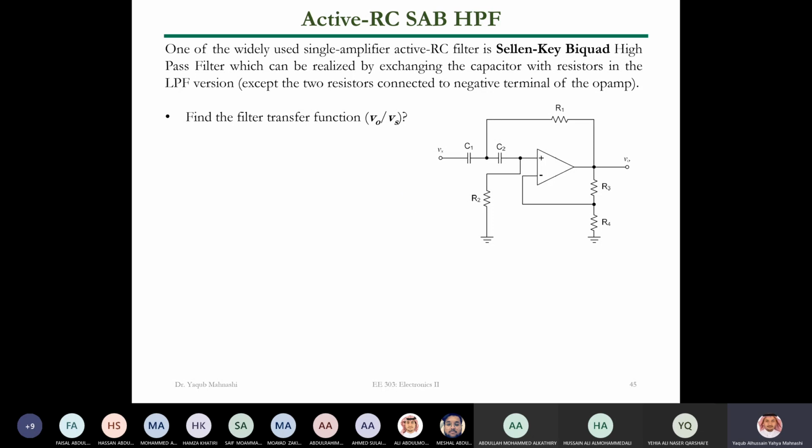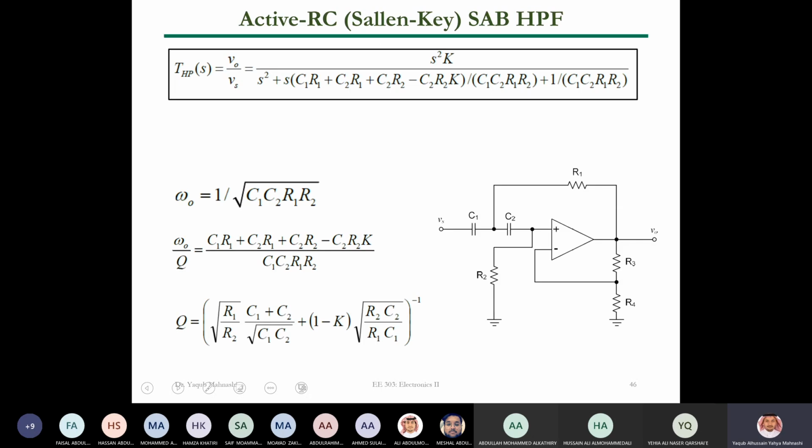Okay, but you will do it the same way as we did, and you should get to the point that you'll get this transfer function. If not, ya shabab, make sure you understand it very well. It is a systematic way of doing it, and you may look at what we did for the low pass filter.